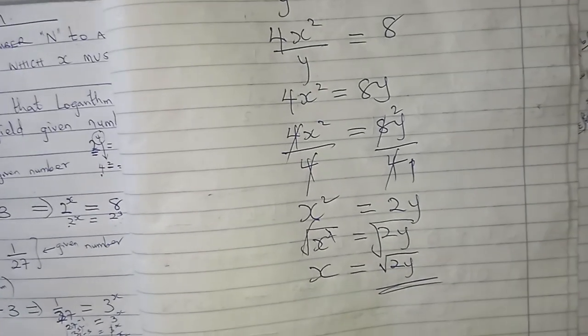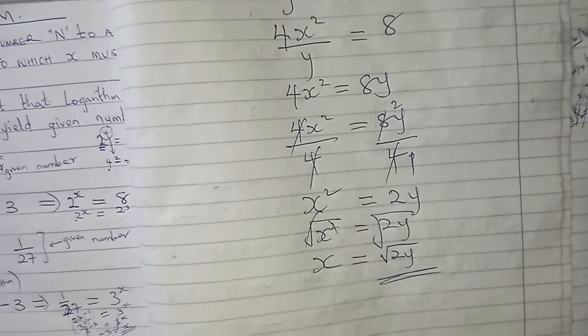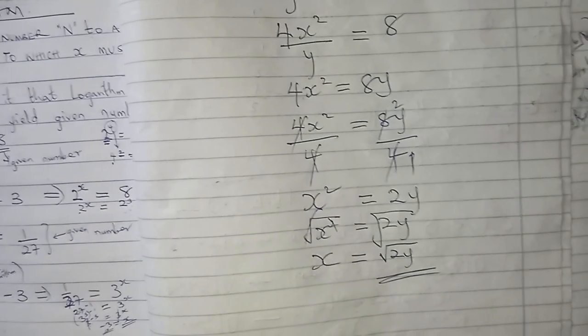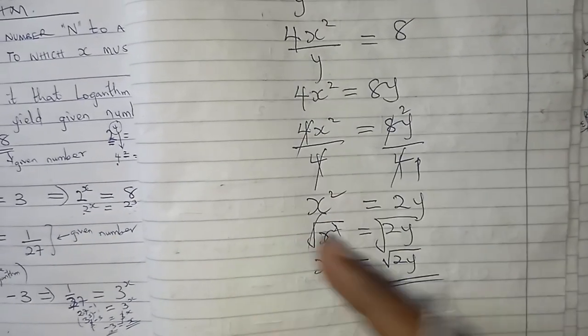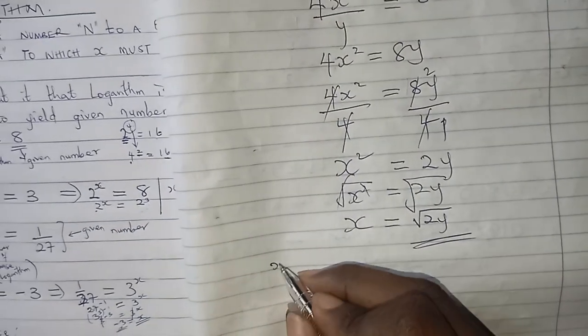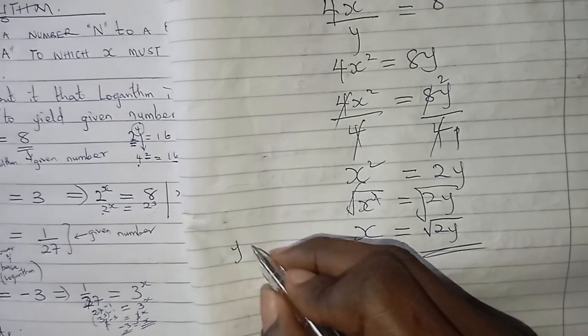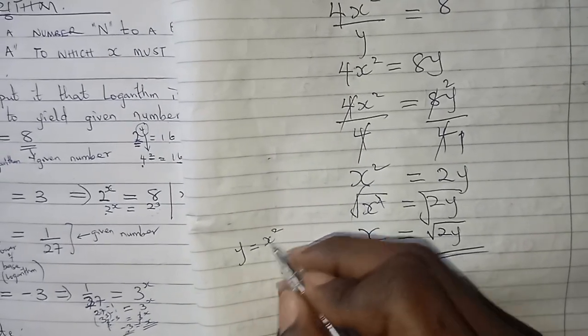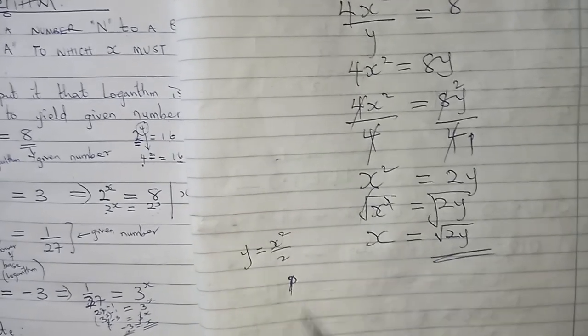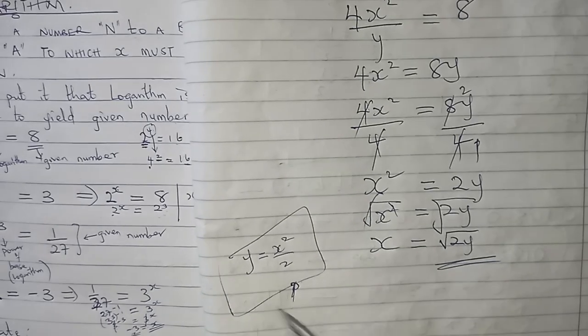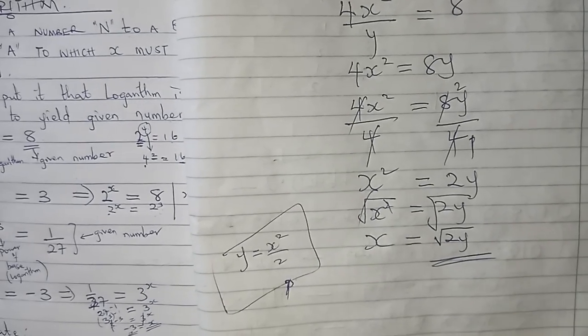So x is equal to root 2y. Assuming they said express y in terms of x, what we could have done is y equals x squared over 2. Alright.